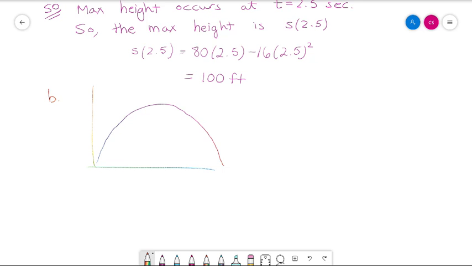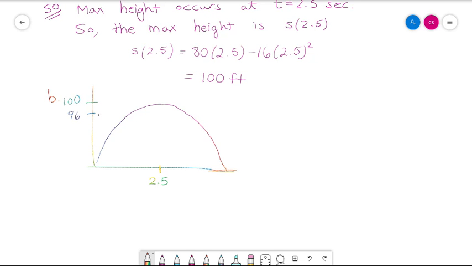We just discovered that this happened at 2.5 seconds and the maximum height is 100 feet. We want to know the velocity when the ball is 96 feet above the ground.